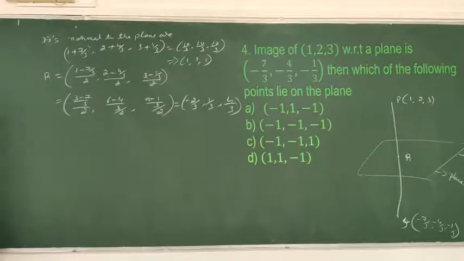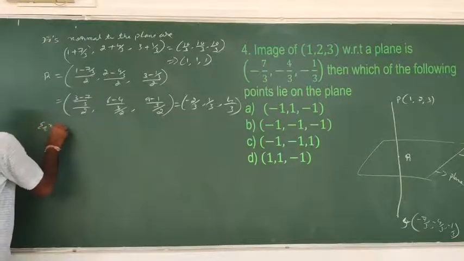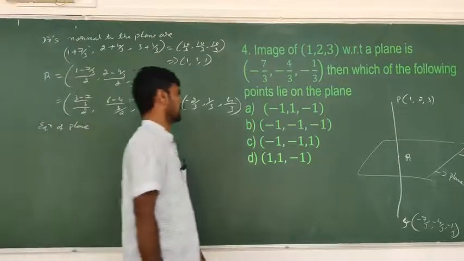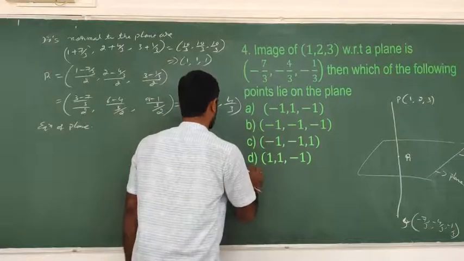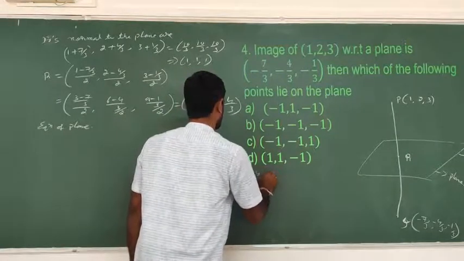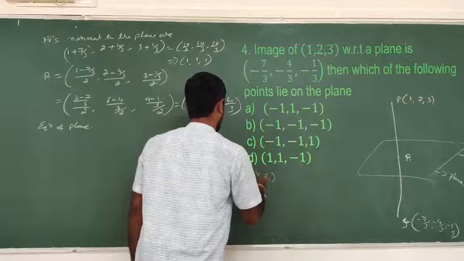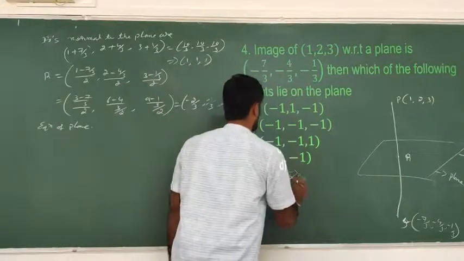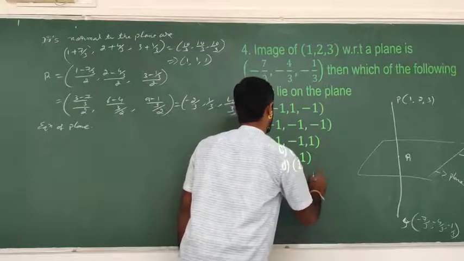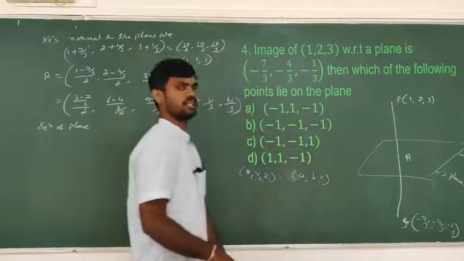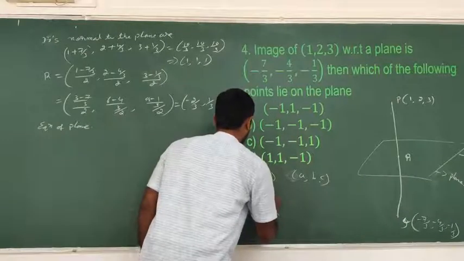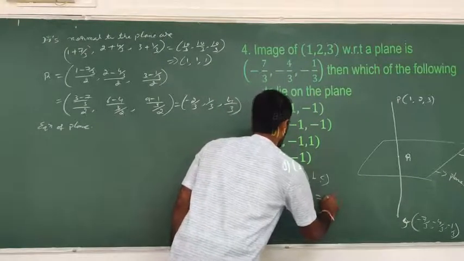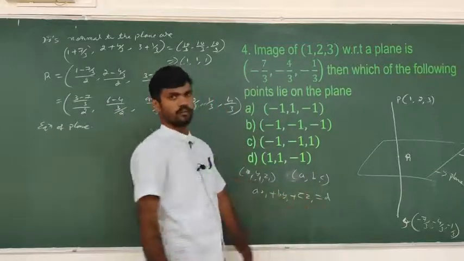Now the equation of a plane. The equation of a plane passing through the point x1, y1, z1 and perpendicular to the direction ratios a, b, c is given by ax1 plus by1 plus cz1 plus d equal to 0.